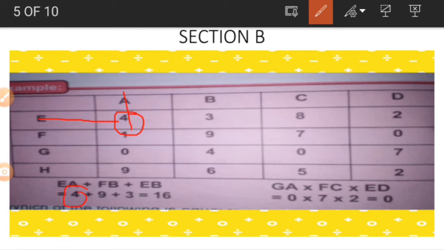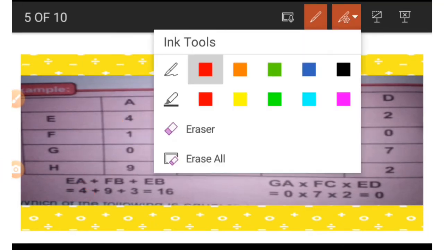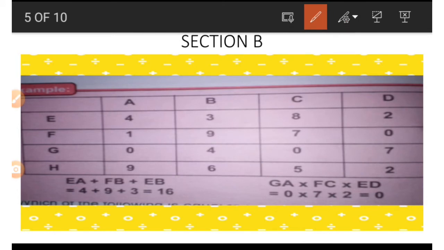So that is 4. We can also try to trace others. For example, we can trace FB, and then we trace B from the top, and that gives us the number 9.